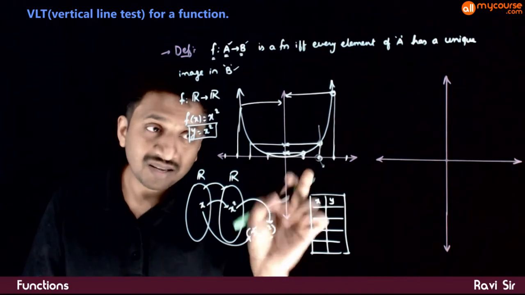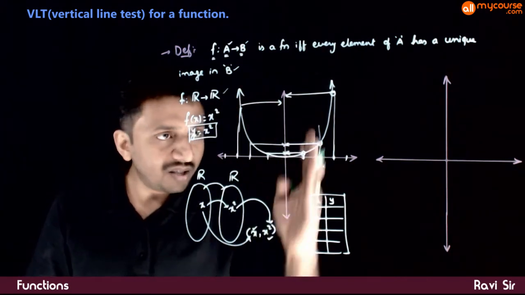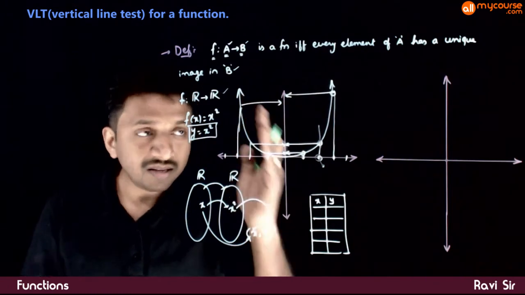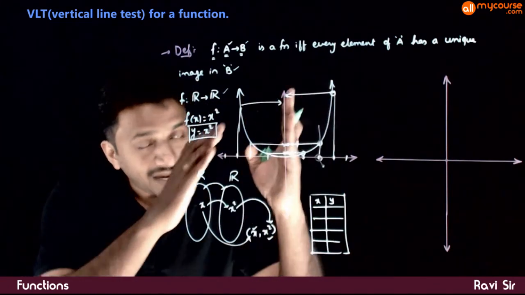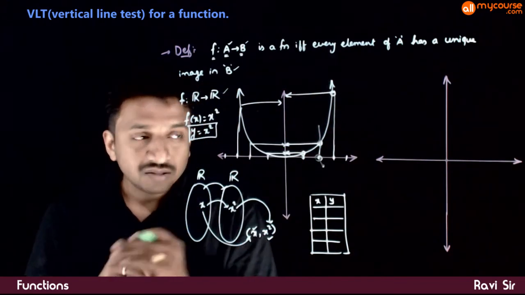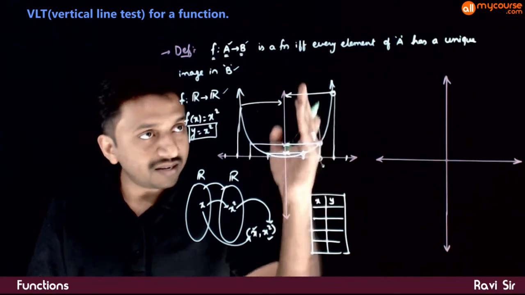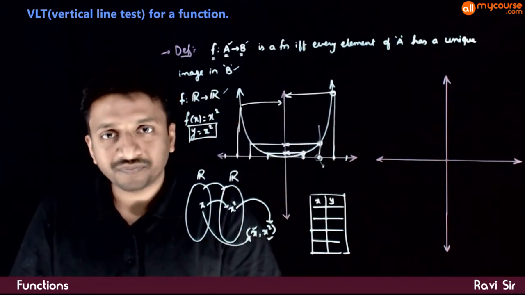So this particular relation is a function, because wherever you draw a vertical line, this is a graph which goes on going up and extending outwards. So every vertical line will cut the graph at exactly 1 point, hence it is a function.